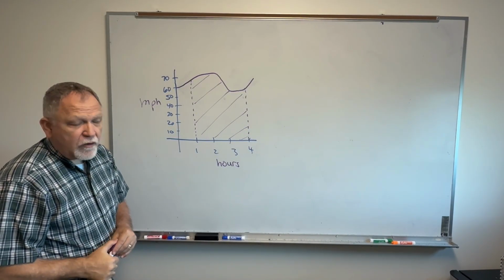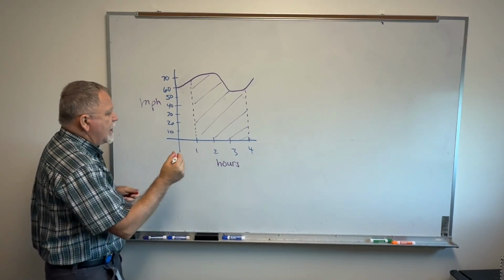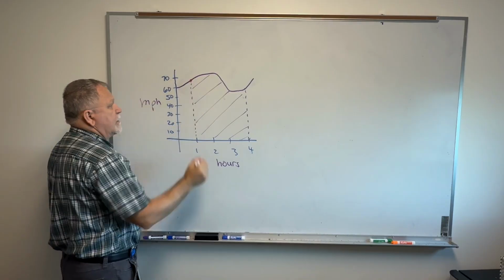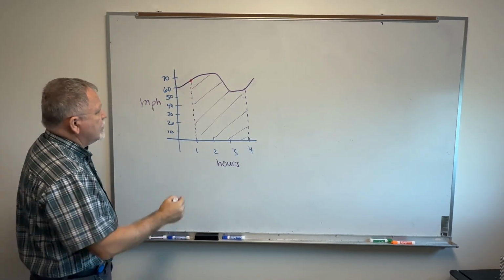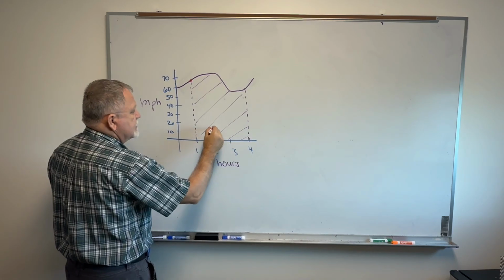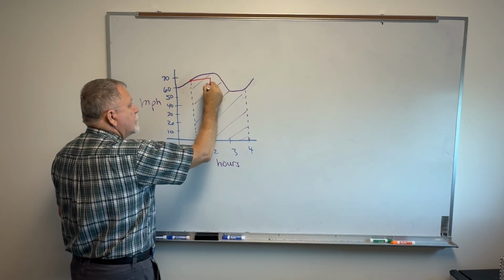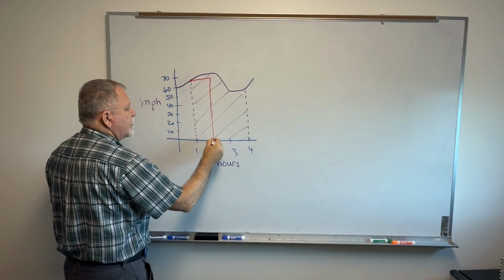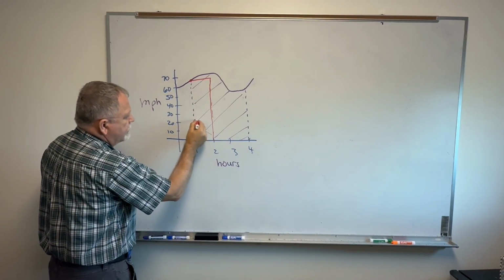Since we know the area of a rectangle, what if we do this? What if I start with this value right here, that goes with 1 hour, what my velocity was there, and just continue at that speed over an hour. So look at this rectangle here.